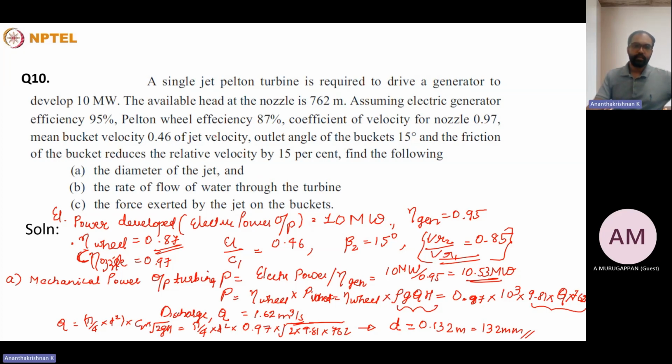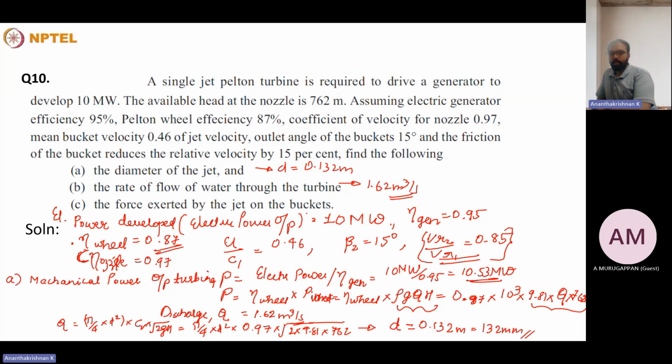The diameter D is equal to 0.132 meters. Discharge is equal to 1.62 meter cube per second. Now we need to calculate the force exerted by the jet on the bucket. This force exerted by the jet on the buckets is nothing but the change in the momentum which the impinging jet of water will be feeling.